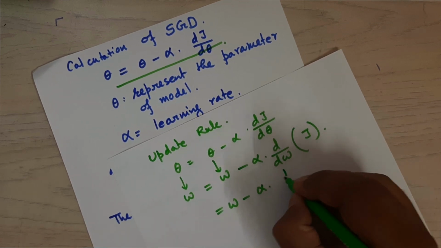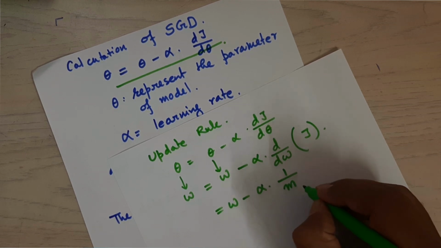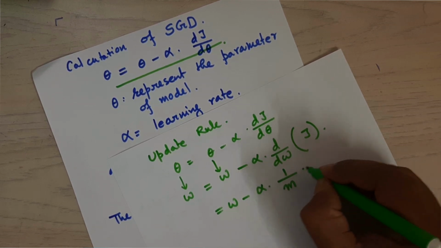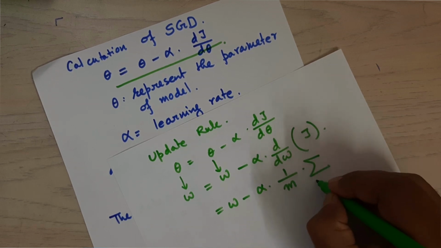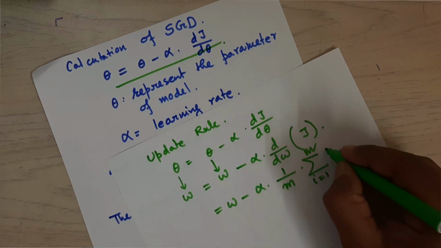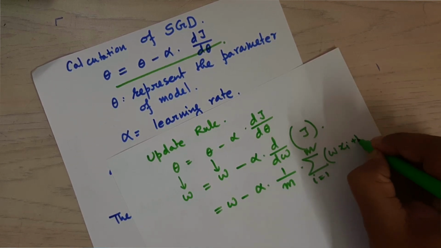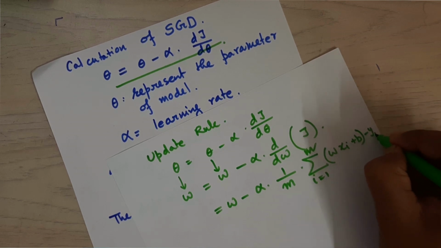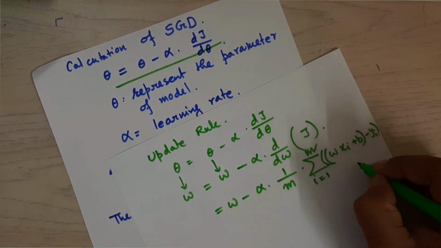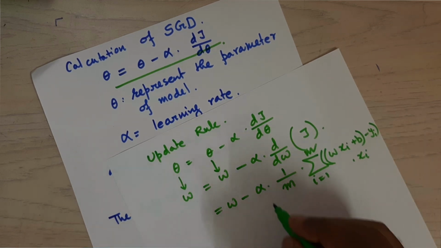Now we have 1 by m, where m is the mini batch size, into sum over i is equal to 1 to m of (w xi plus b minus yi), into xi, right?